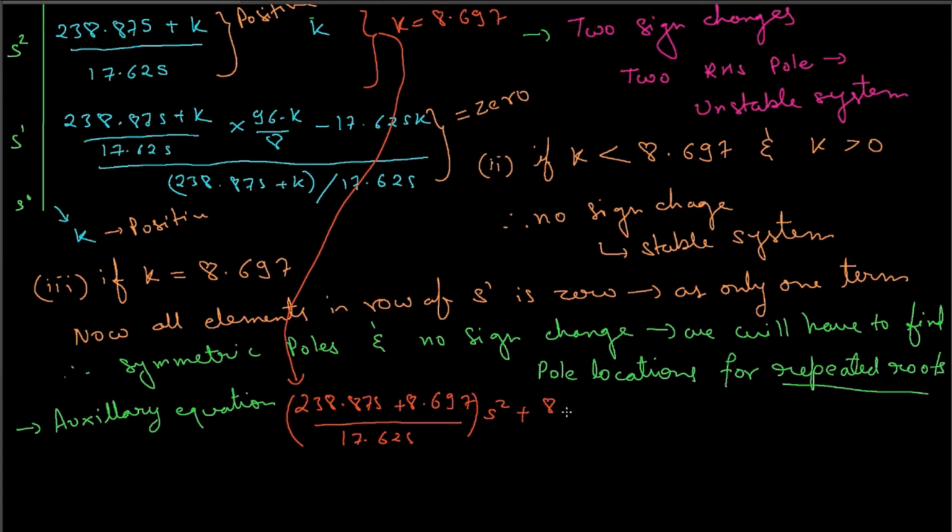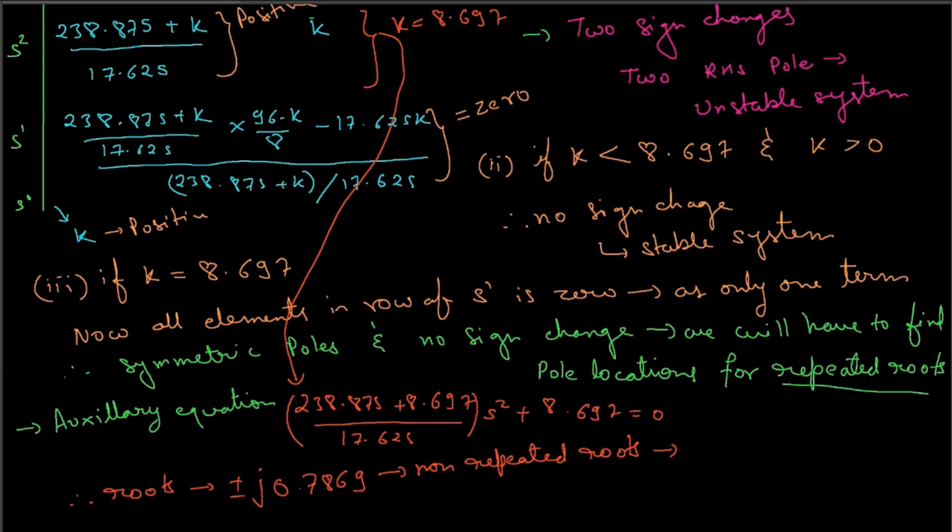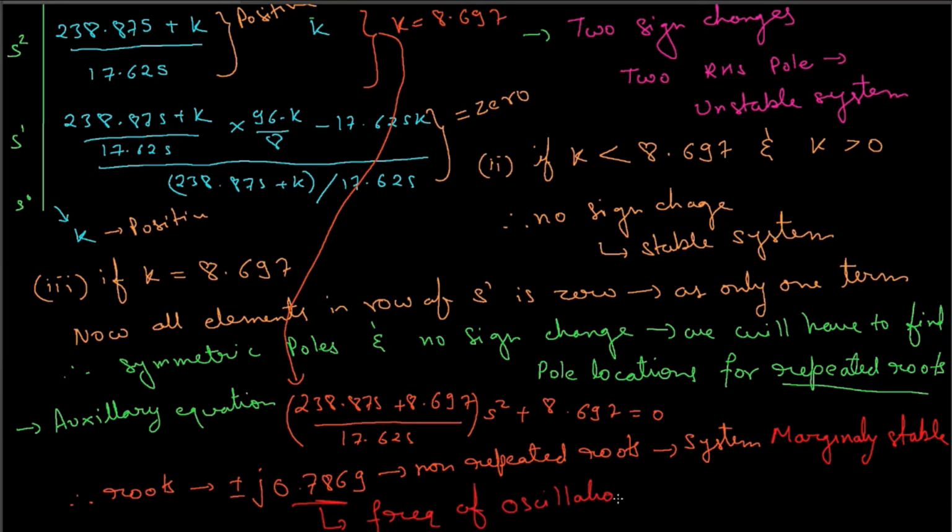So we calculate the auxiliary equation, factorize it and find the roots. On calculation, we can see that the root is 0.7869 and it is a non-repeated root. Hence, the system is marginally stable. And the oscillations of this output will correspond to these roots. That is, the frequency of oscillation will be 0.7869.